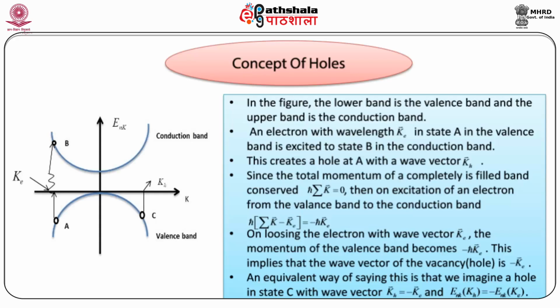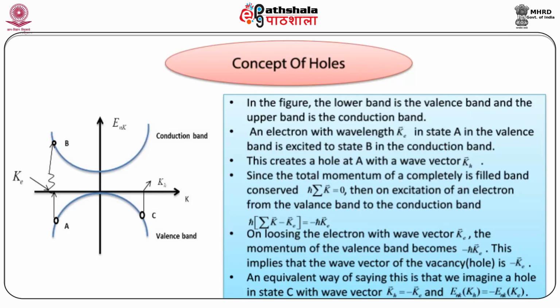We now discuss the concept of holes. Before actually trying to understand the concept of effective mass, it is very important that we understand what exactly holes are. So let us first understand the concept of holes. To do this, we take the help of this diagram of electronic energy bands.